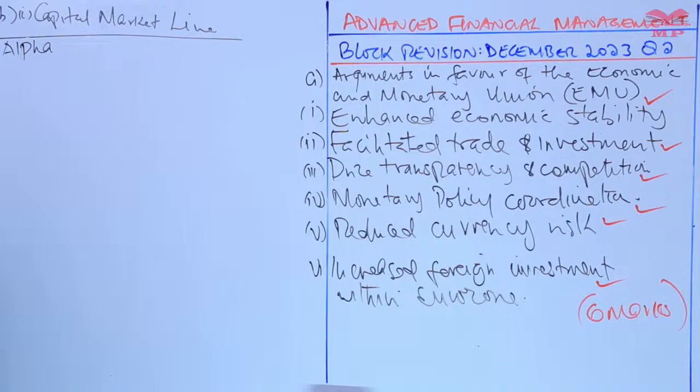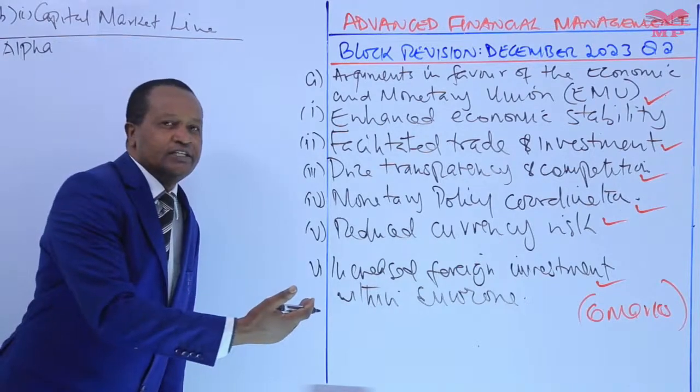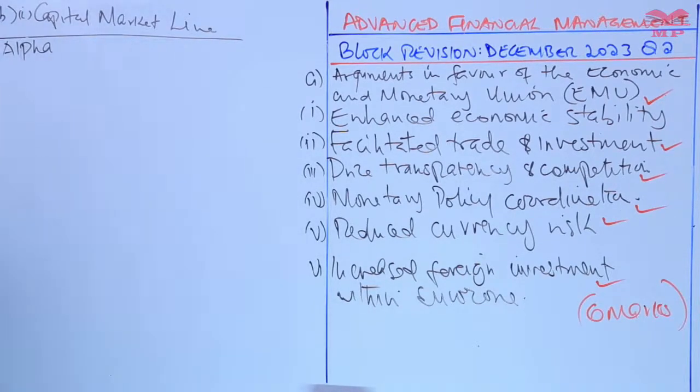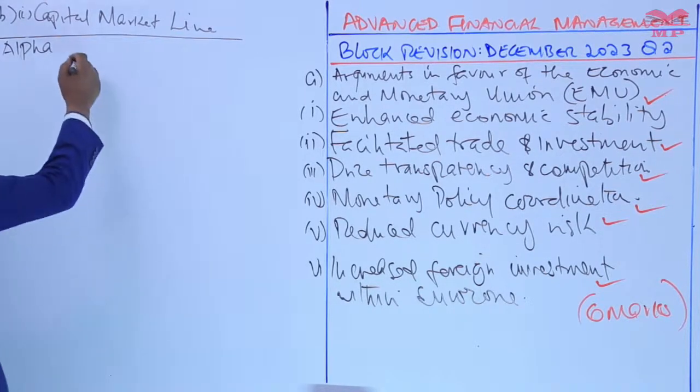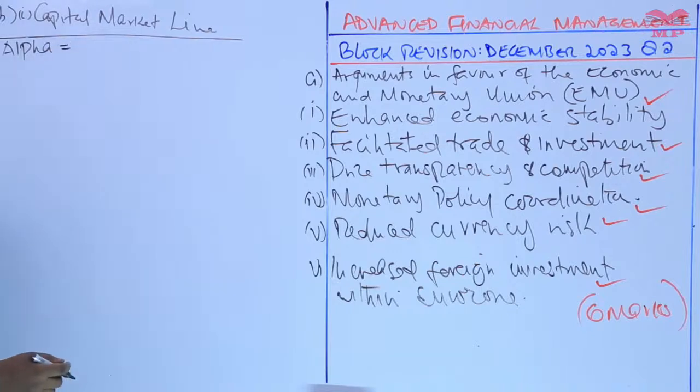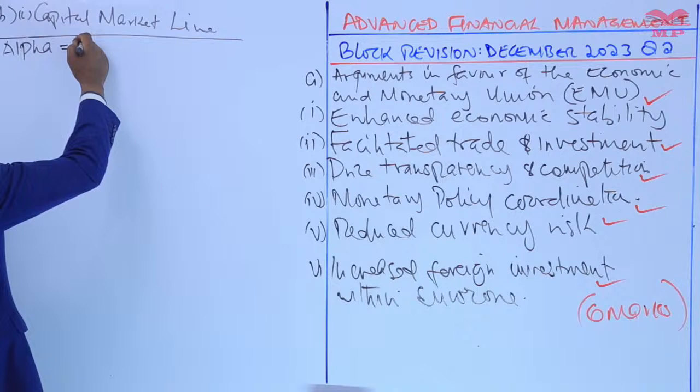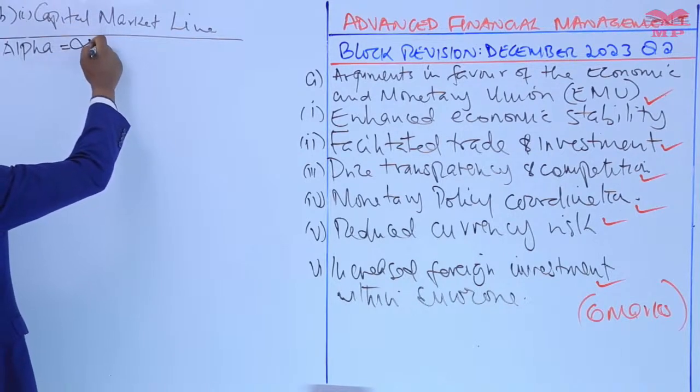Alpha. Now, candidates, alpha represents the additional return earned by a portfolio beyond what would be expected given its level of risk as measured by beta. And alpha, candidates, is calculated as, this is the symbol for alpha.